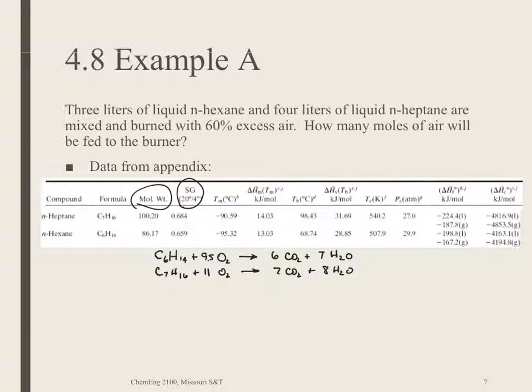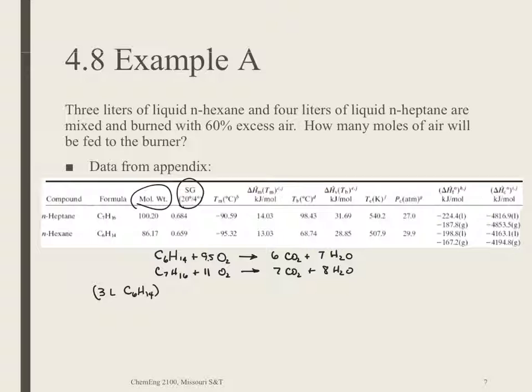Now what I need to know is how much oxygen is required based on these reactions. So I need to know how many moles of each. I need to figure out the number of moles. So I have 3 liters of C6H14.